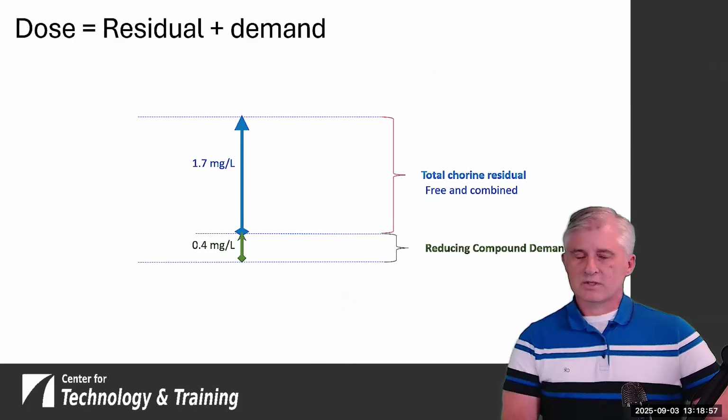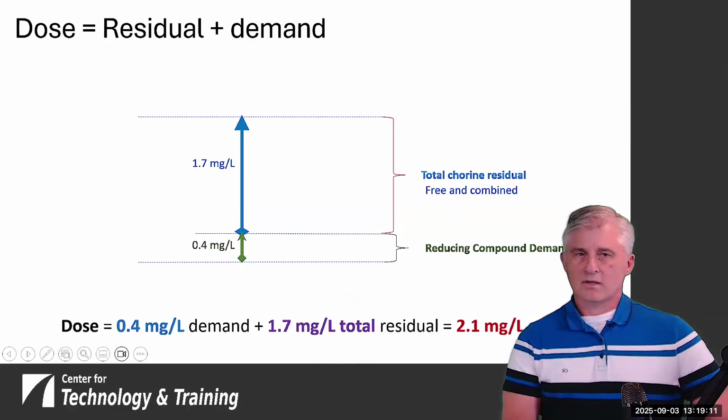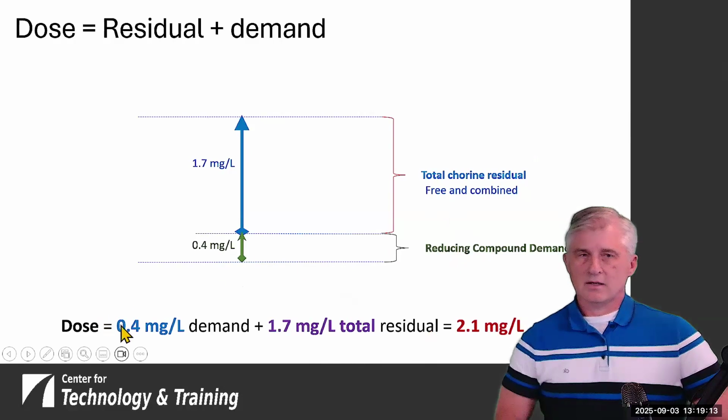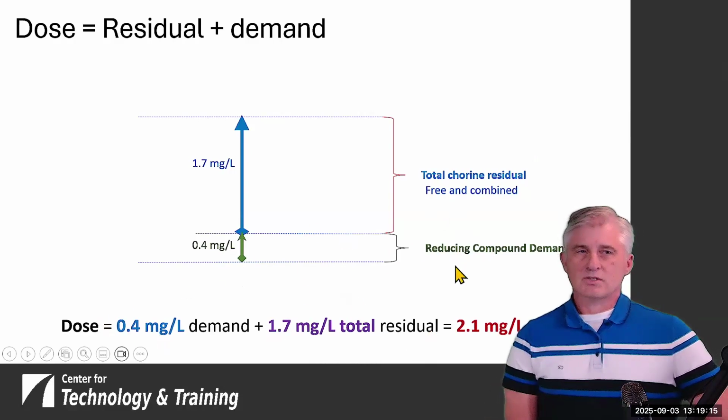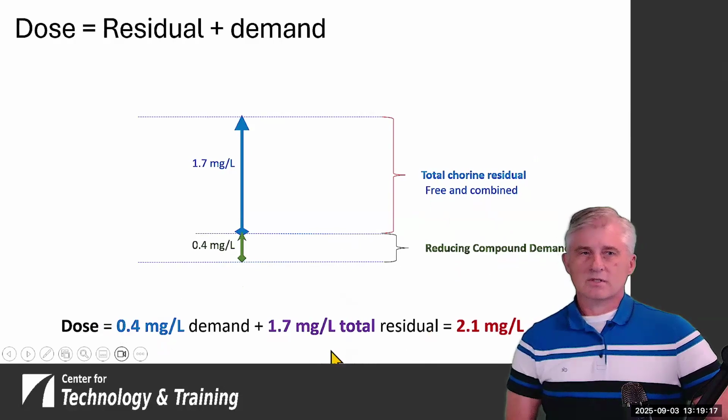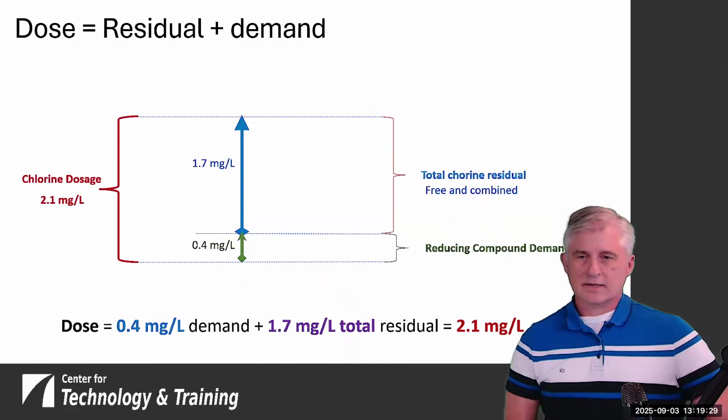We have a total chlorine residual, free and combined, of 1.7, and we have a reducing compound demand of 0.4. So therefore, our dose would need to be the combination of the reducing compound demand and the total chlorine residual, free and combined. And the answer is 2.1, which is answer C. So the majority of the people agree, I guess.